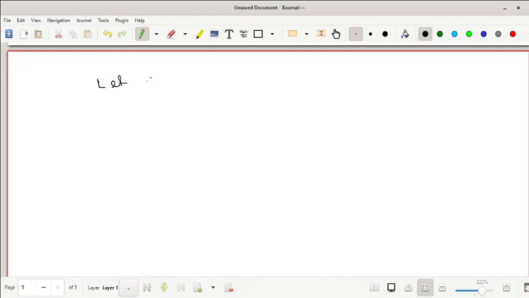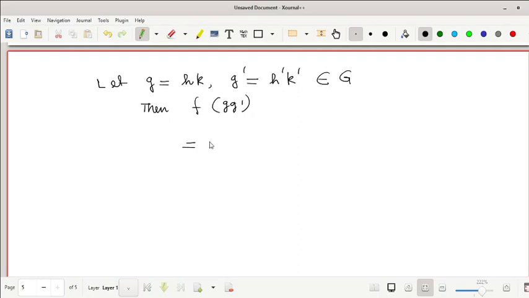Now let us prove it is a homomorphism first. So let g equal to hk, g prime equal to h prime k prime belong to G. Then f of g g prime is equal to f of h k h prime k prime. Now k will commute with h prime, so it will be f of h h prime k k prime. Why?